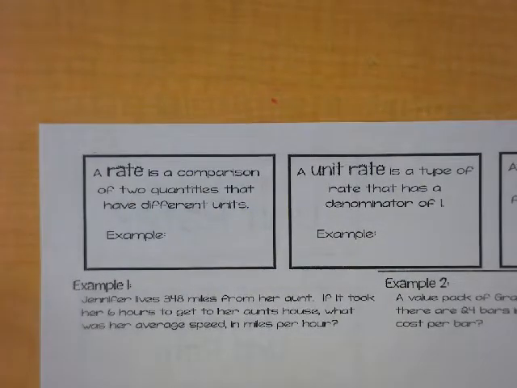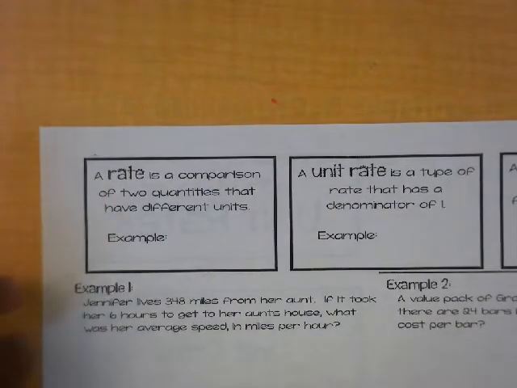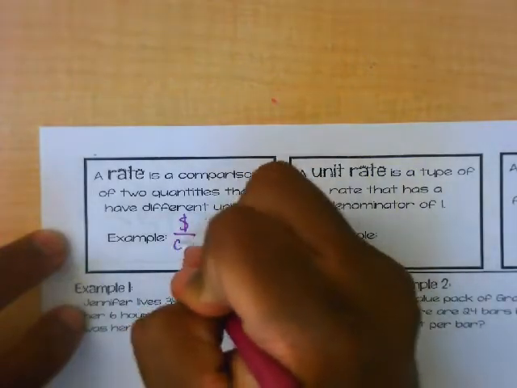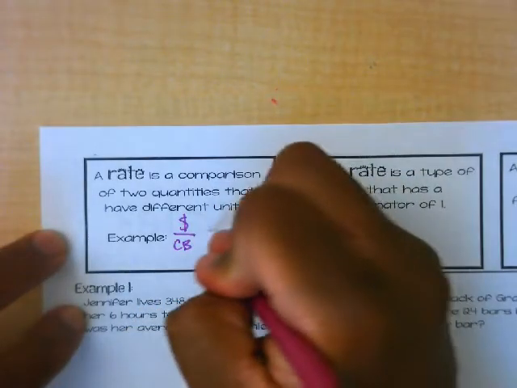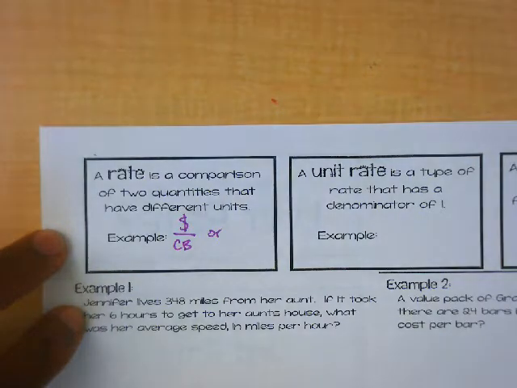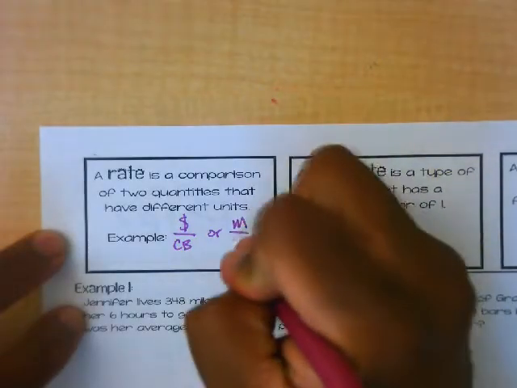So for example, if I'm buying cheeseburgers, and it's $3 per cheeseburger, $3 for one cheeseburger, I'm comparing dollars to cheeseburgers, right? Or let's say I'm driving a car and I want to know how fast I'm going. I will compare miles to hours.